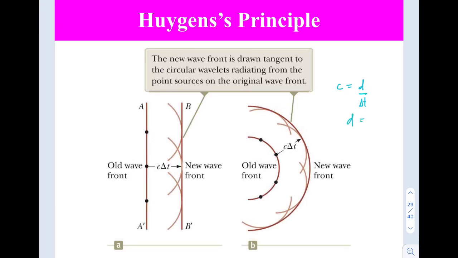So the distance is only C delta T. Then for this one, this is its spherical wavelet. For this one, this is its spherical wavelet. So the tangent line to the wavelets is the new wavefront, where the speed V of this wavefront is the same as the speed V of this wavefront. That is what Huygens principle talks about.